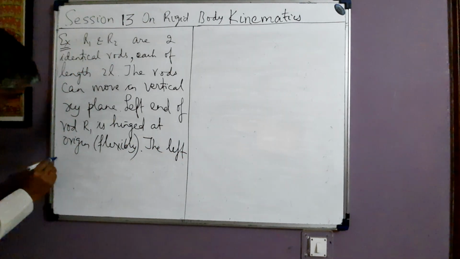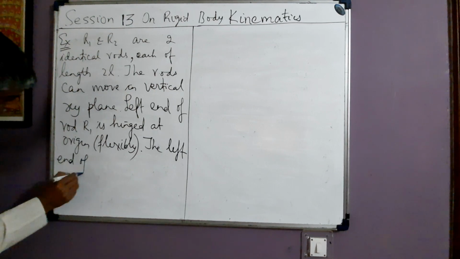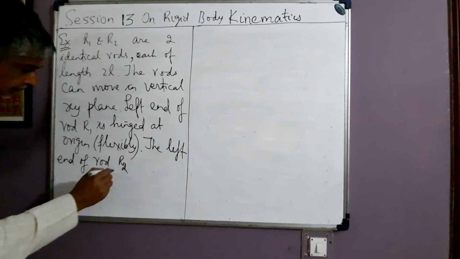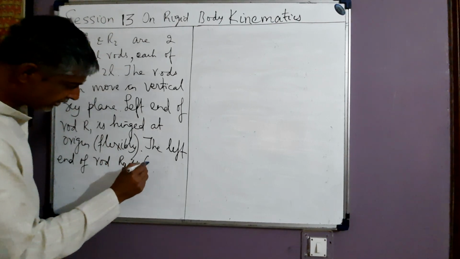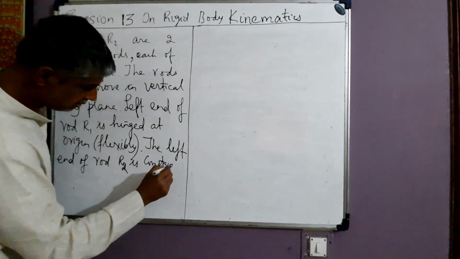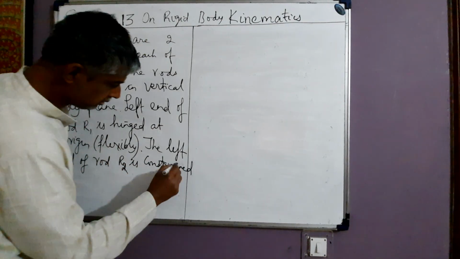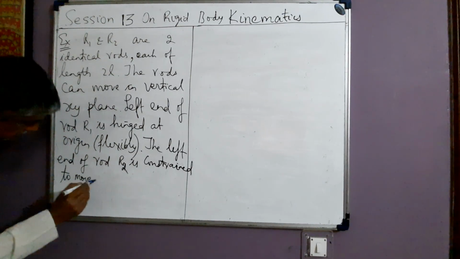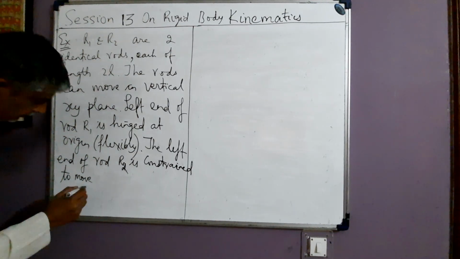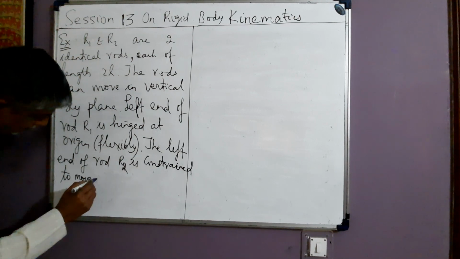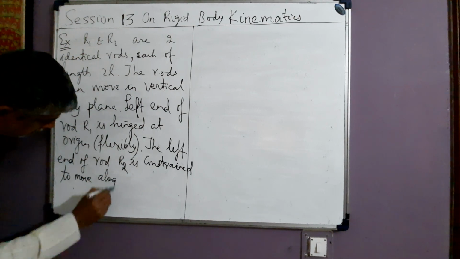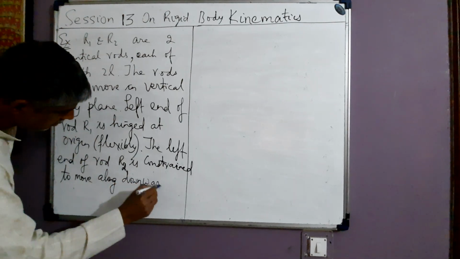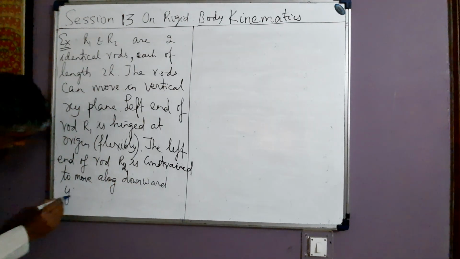The left end of rod R2 is constrained to move along the downward y direction.